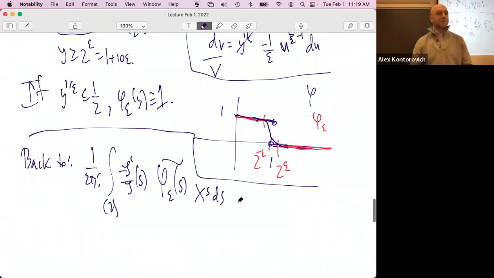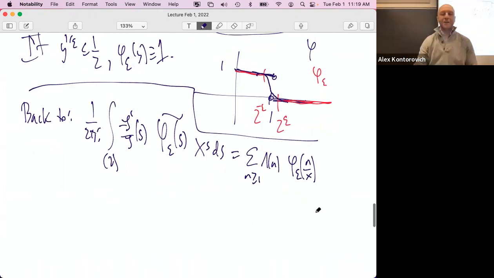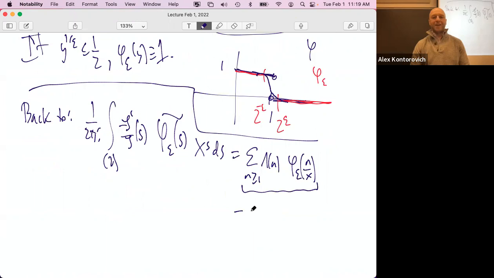So, just plugging it in, your smooth approximation. Okay, so what do I get? I get a sum over n of von Mangoldt lambda of n, and then phi epsilon of n over x. So how does this compare to the sum that I want? This minus the sum that I want, lambda of n with the actual phi, differs only on a range of x times epsilon.